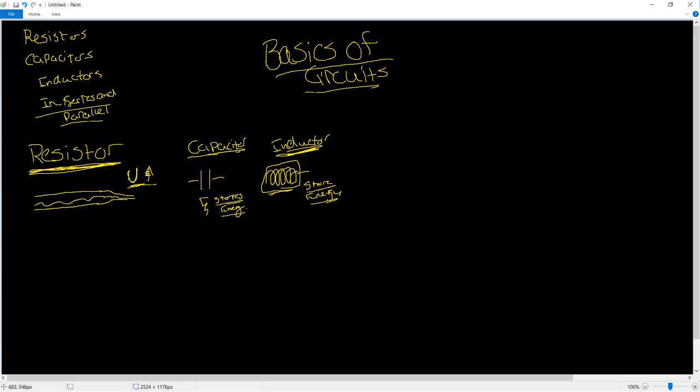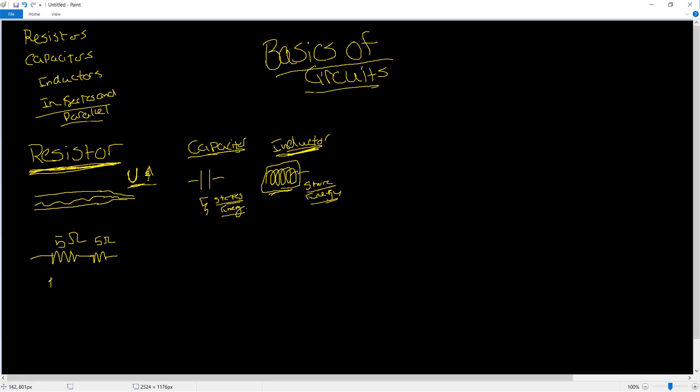So I probably should explain to you how they work in series and parallel. So a resistor, say in series, say you have a circuit like this. This is the symbol for a resistor. 5 ohm and another 5 ohm.